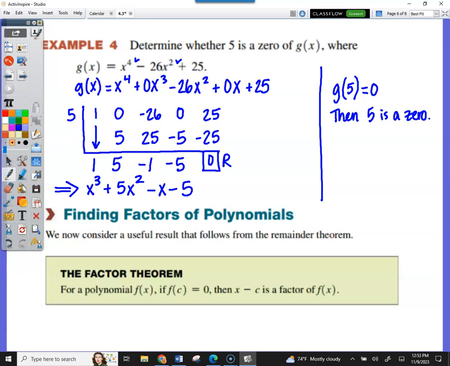Division is a breakdown, right? Every time. Unless you have a little breakdown. But division is always breaking down. So this 5, they've already given it to you as a 0. It's the same thing as if they had said, determine if x minus 5 is a factor.